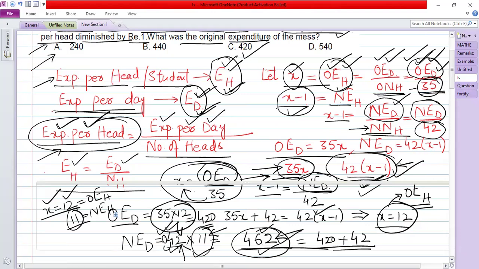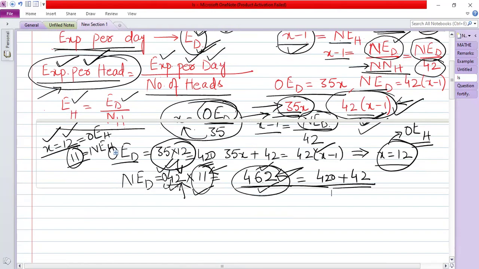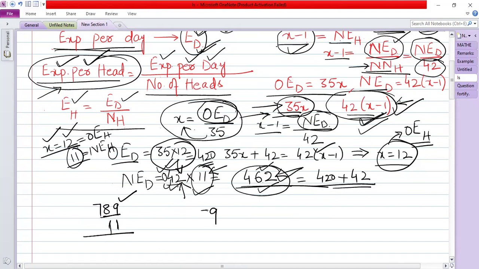And just an example of how to multiply any number by 11. For example, if I have to multiply 789 with 11, first of all, I will write 9, the unit digit. Now 9 plus 8 is 17. So 7 I will write as the unit digit and 1 will be carried over. Then 8 plus 7 is 15, plus the carryover 1, gives 16.